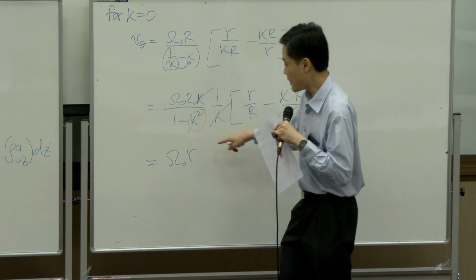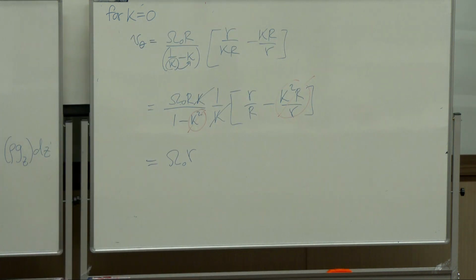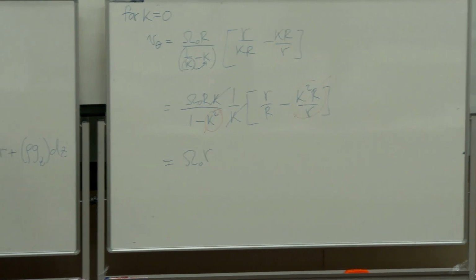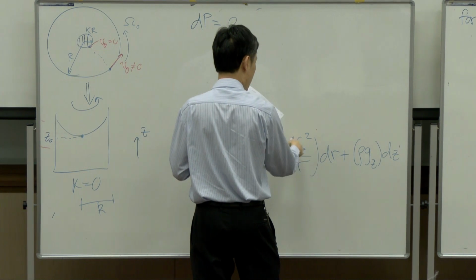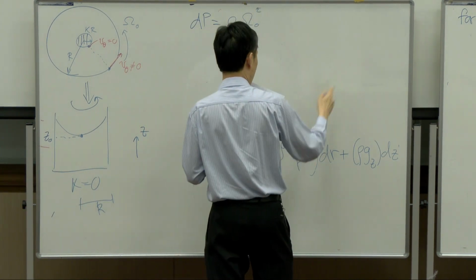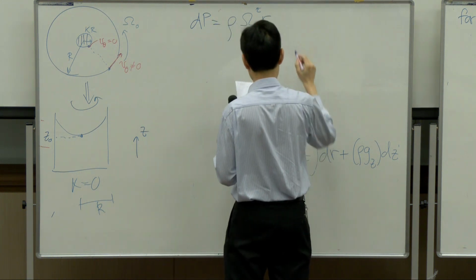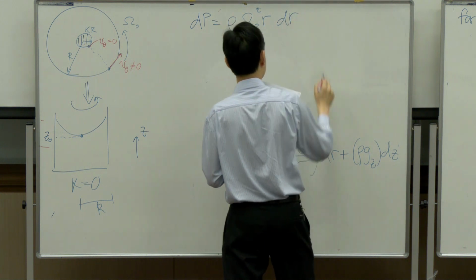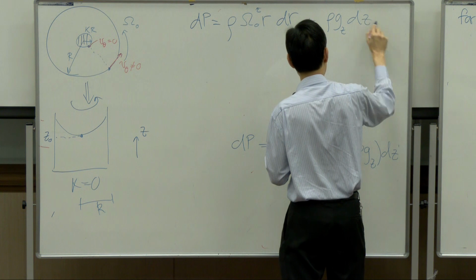So if I plug this in here, I end up with dP equal to rho v squared, which is omega squared r squared over r. You get one single r, dr, plus rho g_z dz.